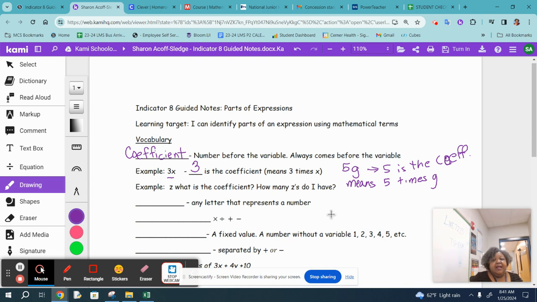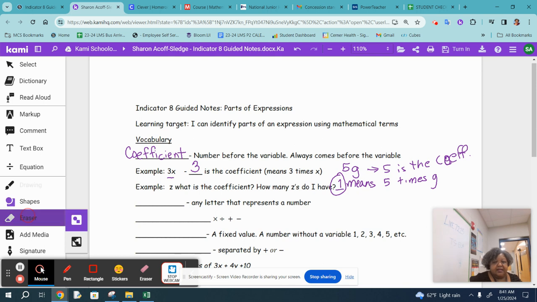Okay? Now, if I just gave you a z, what is the coefficient? Look at it. How many z's do you have? 1. So your coefficient is 1. So if there is no number in front of a variable, the coefficient is 1. Okay?